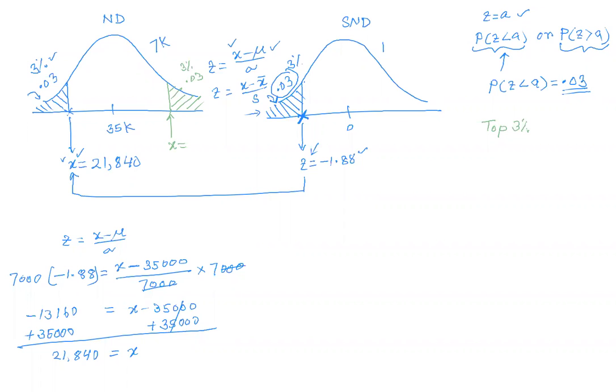So you want to find out the income level above which someone would be considered among the top 3%. So the same thing we are going to do here. 0.03 or 3%. And we are looking for the corresponding Z value.